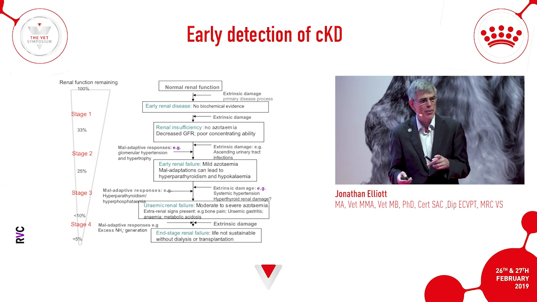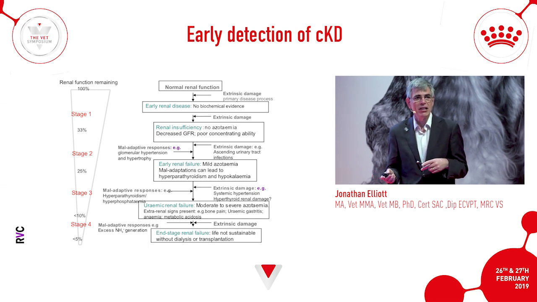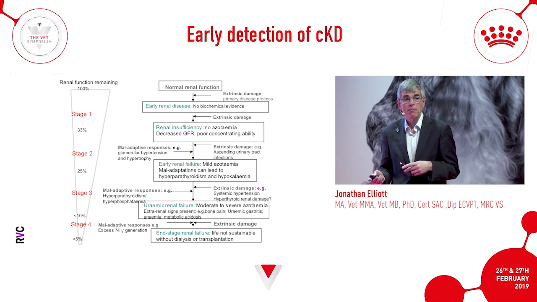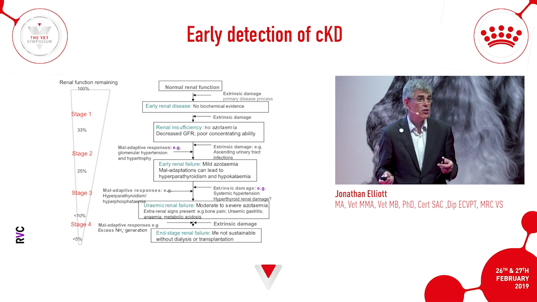But there has to be something that tells you that that cat has some form of kidney damage or some abnormality to put it into stage 1. And that might be because it's persistently proteinuric, for example.